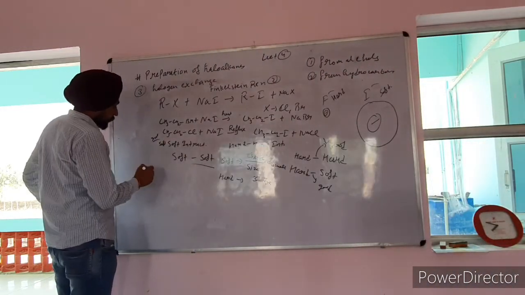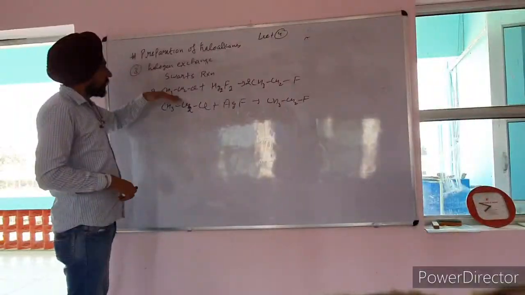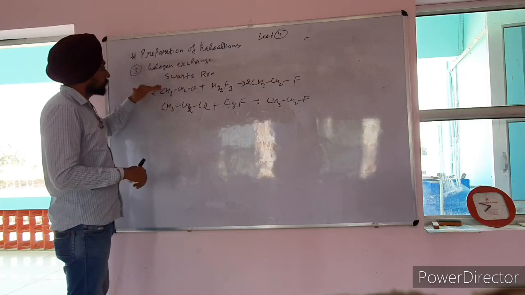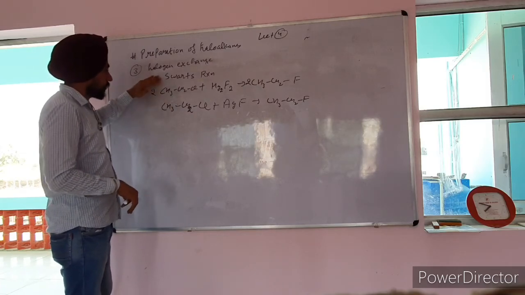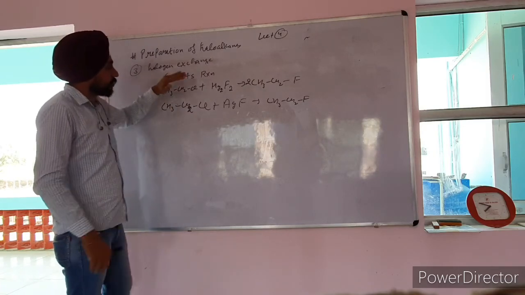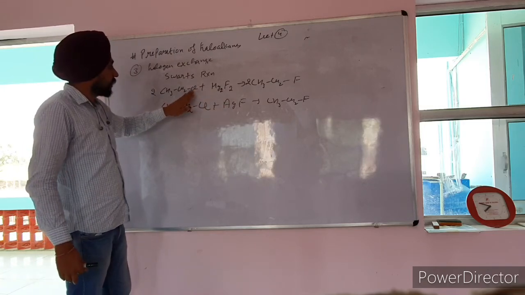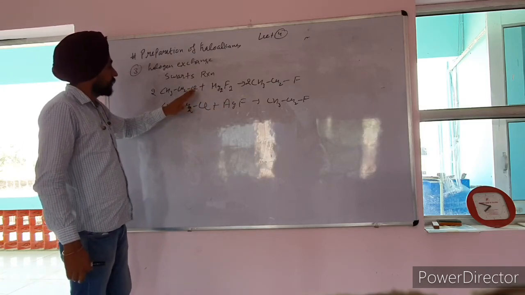Actually, what is the carbon exchange reaction? There is another type of reaction called the Swarts reaction. In the Swarts reaction, there is exchange of a halogen atom with fluorine.